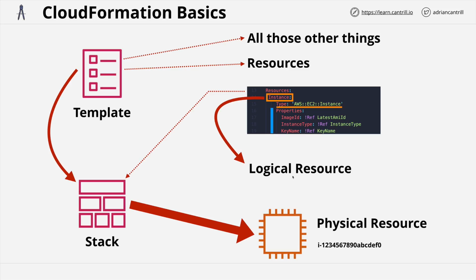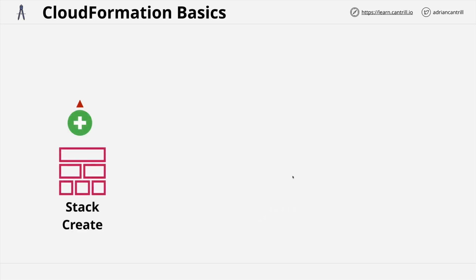It's CloudFormation's job to keep the logical and physical resources in sync. So when you use a template to create a stack, CloudFormation will scan the template, create a stack with logical resources inside, and then create physical resources which match.